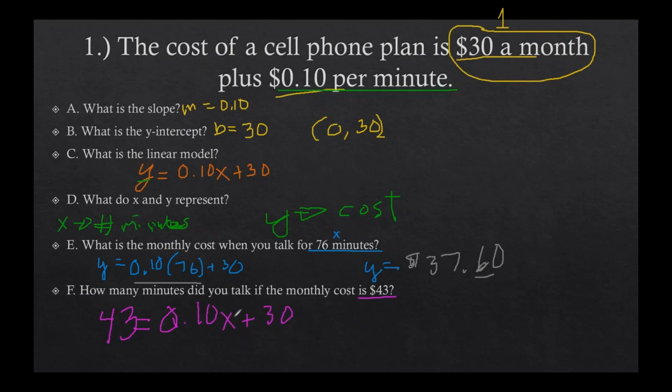Subtract 30 on each side. Good. So if I subtract 30, that gives me 13 equals 0.10x. And then our last step. Yep, we want to divide by the number in front of x. We divide both sides by 10 cents. So x is 130 minutes.